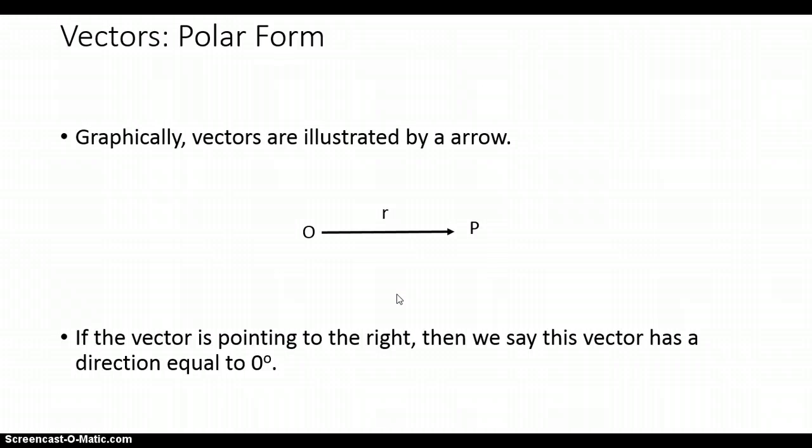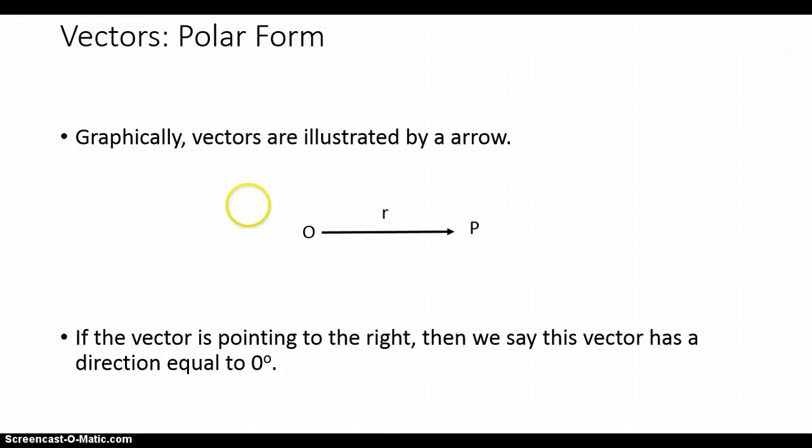So graphically, vectors are illustrated by some arrow, where the arrow begins, we call the origin. In this case, I represent the origin with the letter O. And where the arrow ends, or the vector ends, you can say that's the point at which it ends, and I indicate that by using the letter P. Now, the length of the vector is, to scale, related to the actual magnitude of the vector quantity, okay?